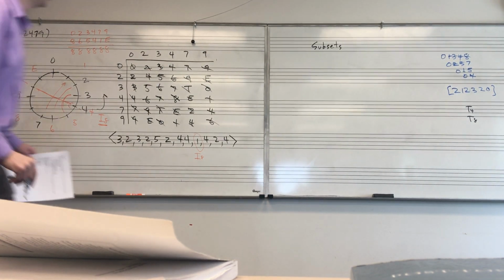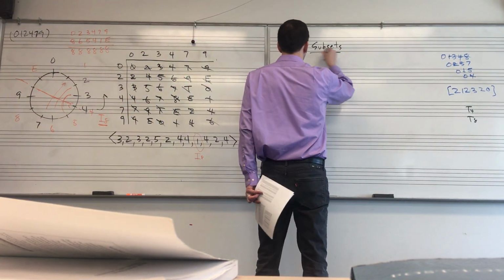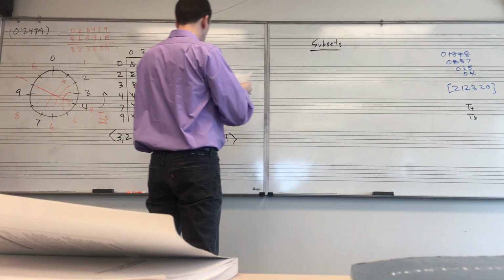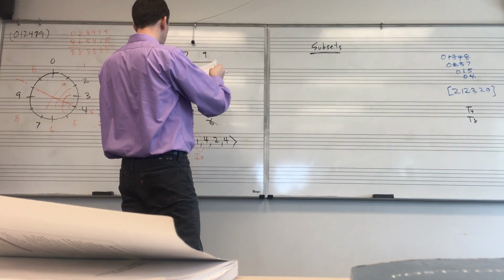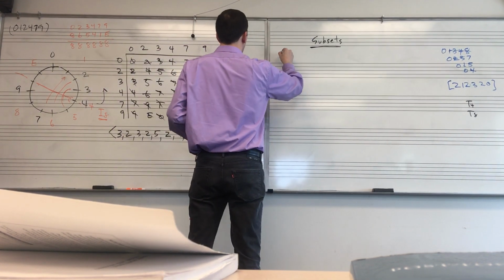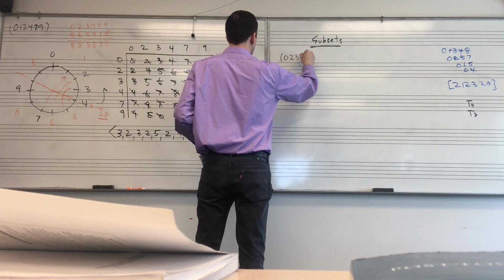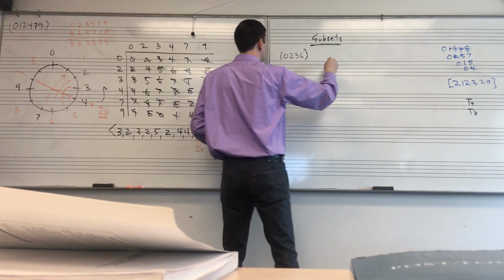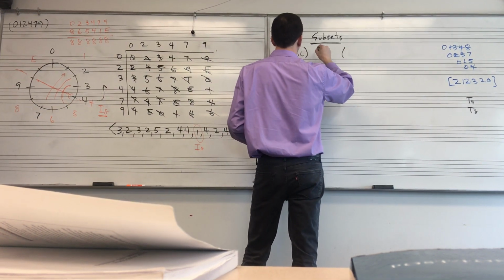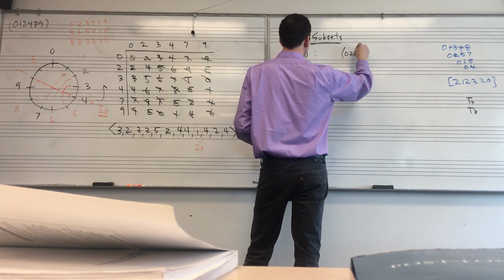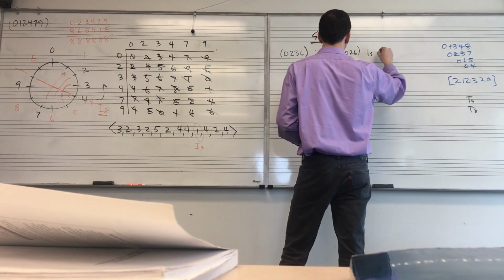Okay, the concept of subsets is pretty simple. If I have a tetrachord 0, 2, 3, 6, we could say 0, 2, 6 is a subset.